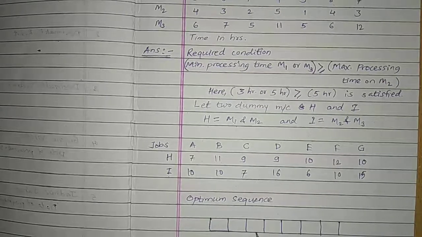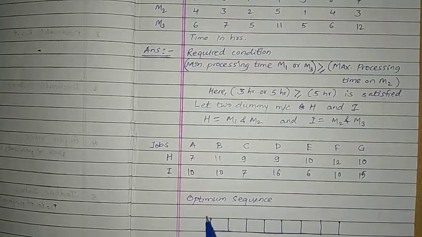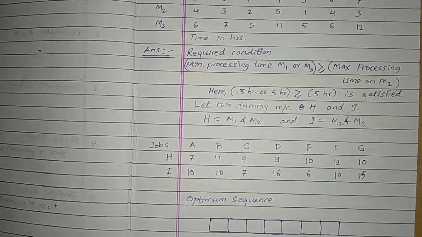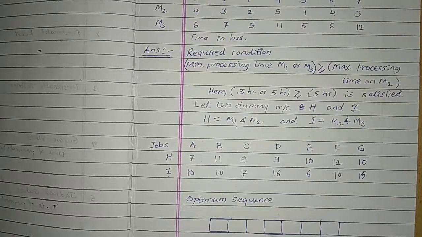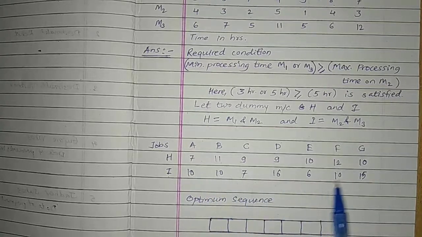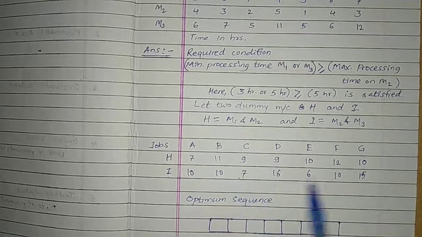I prepared here the 7 columns for arranging the 7 jobs. Now as per Johnson's rule, let us find out the smallest processing time out of the given times.